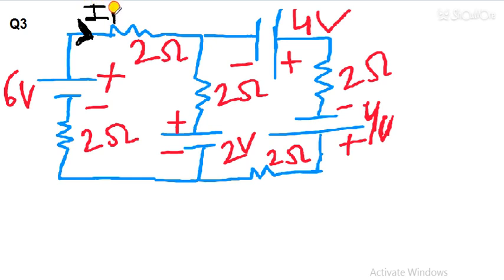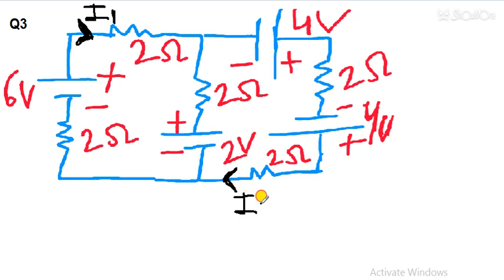I am not sure about it, but I have taken I1 current flowing in this direction from the 6 volt battery. Then I assume that some current is flowing in this battery also, in this path also. That means I am taking this terminal is positive, this is also positive, so that's why I have taken it as I2.